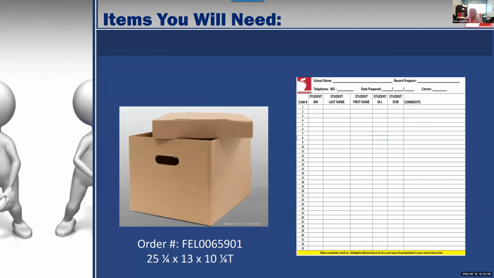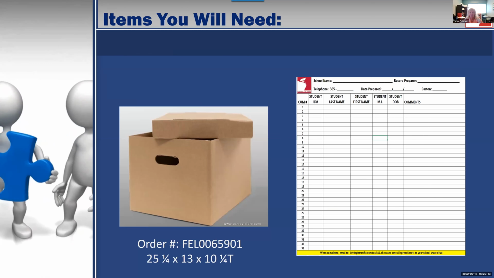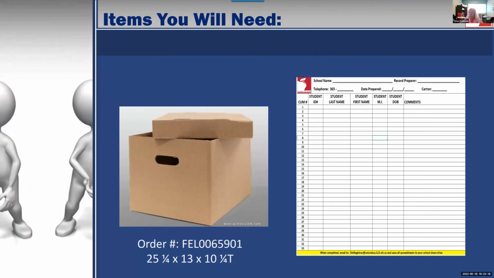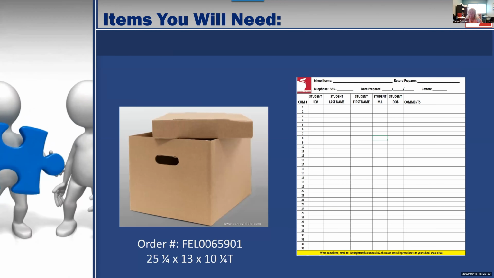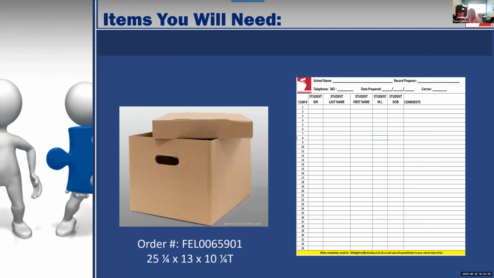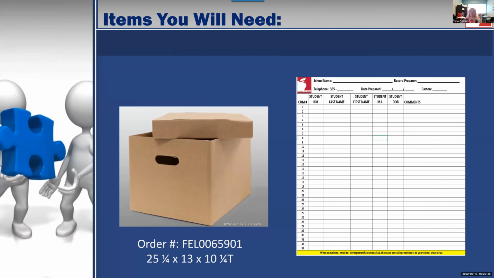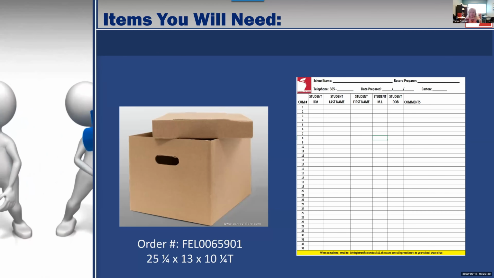You're not supposed to add your own columns or anything like that. You are going to simply enter the information that is requested. This spreadsheet should not be handwritten. It should be typed and saved back into your digitization folder on the O drive.